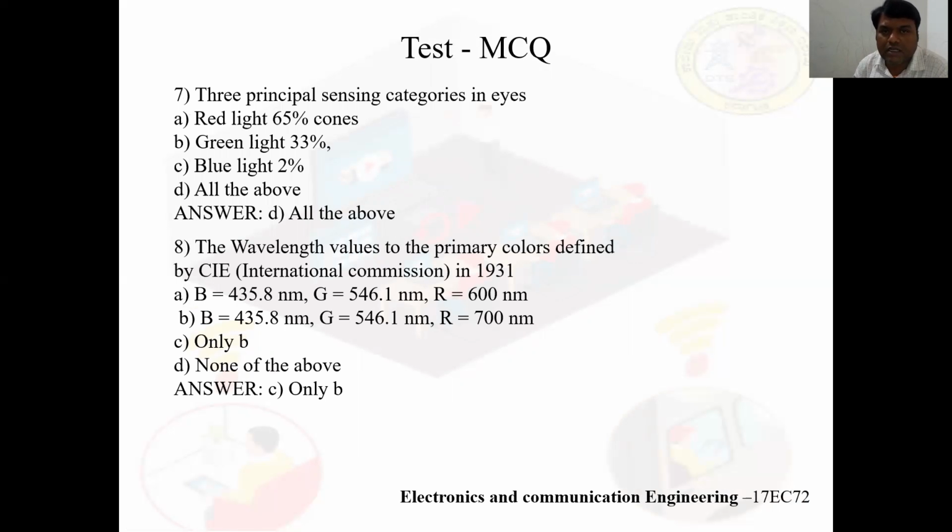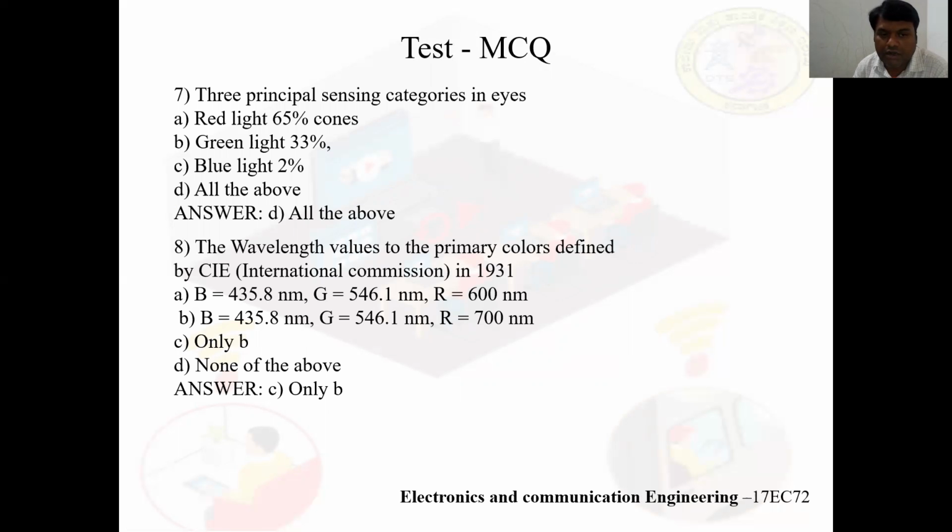Three principal sensing categories in eyes: red light 65% cones, green light 33%, blue light 2%, all of the above. The answer is all of the above. The wavelength values of the primary colors defined by CIE, International Commission in 1931: A, B is 435.8 nanometers, G is 546.1 nanometers, R is 600 nanometers. B, B is 435.8 nanometers, G is 546.1 nanometers, R is 700 nanometers.